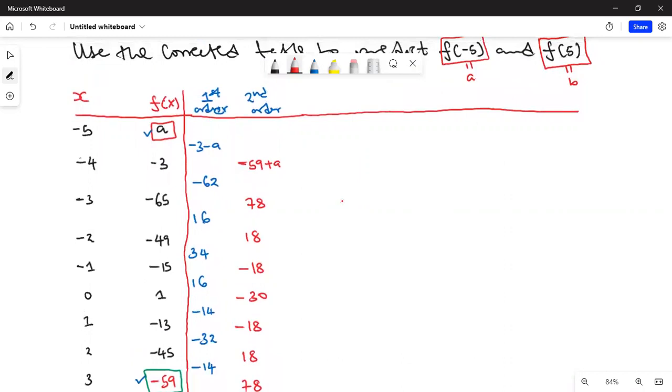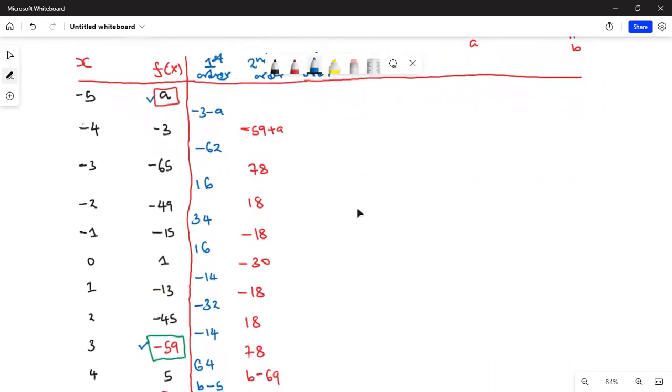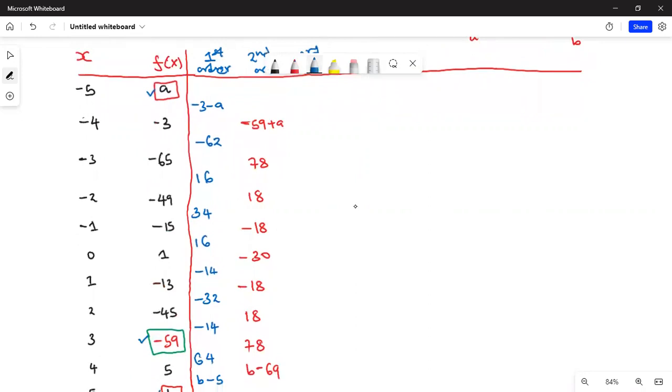Let's see how to get the values under the third order difference column. So again, you subtract. Here we'll have 78 minus -59 plus a. So that's 78 plus 59 minus a. So you can press that in your calculator. And of course, what you need to press is the 78 plus 59.